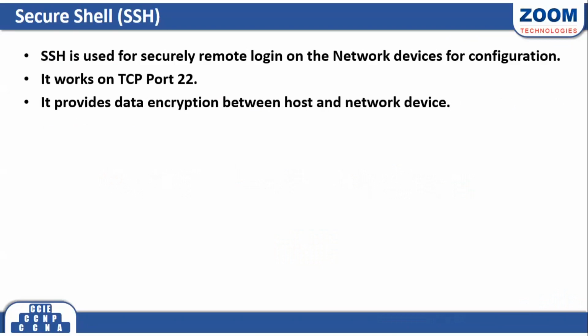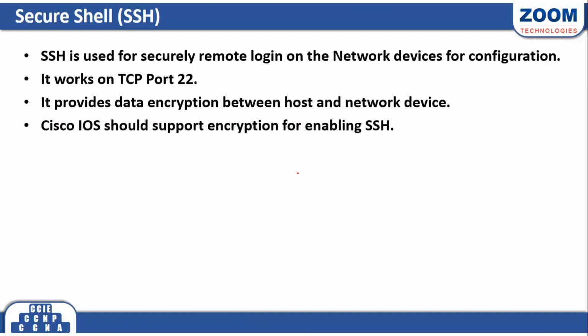But to configure SSH, your device IOS version minimum is 12.4, and later IOS versions are compatible. If a device IOS version is 12.1, it does not support SSH. Minimum is 12.4 and later IOS versions. So Cisco IOS should support encryption for enabling SSH.